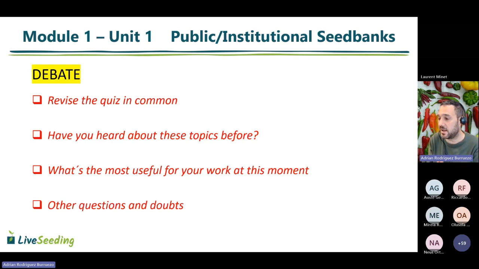And usually the process is selecting the best individuals on the field, 20, 30, 40 individuals, taking their seeds, which are coming from these selected plants, but the pollen can come from who knows where, so cross-pollination.